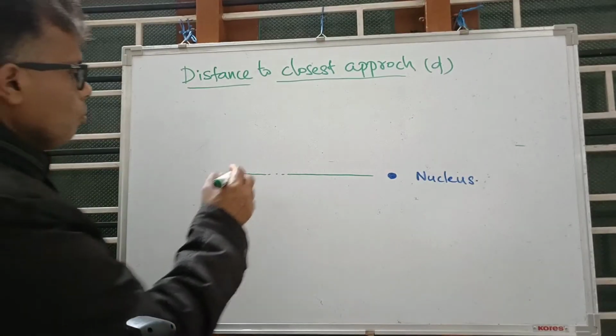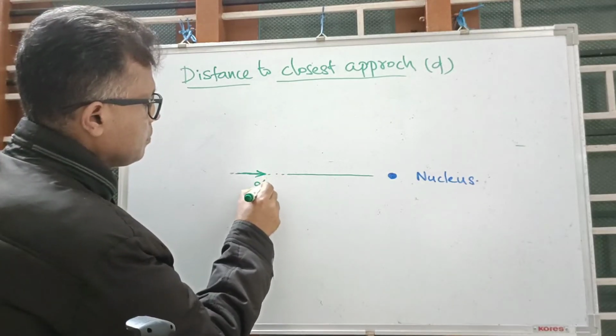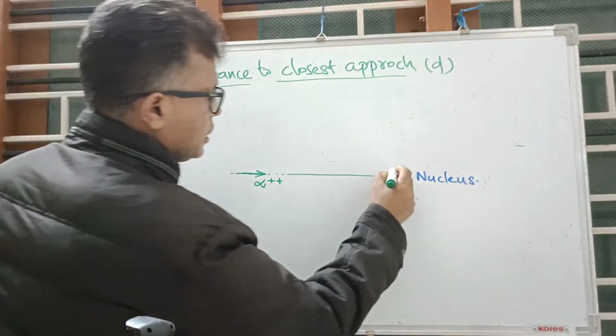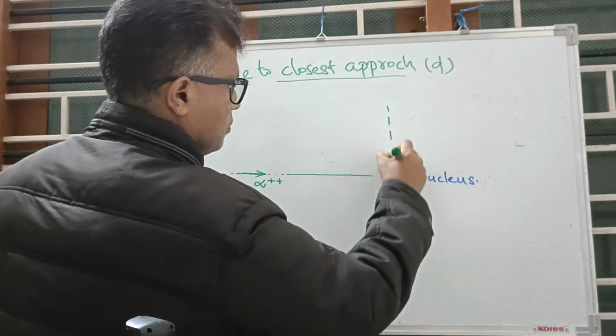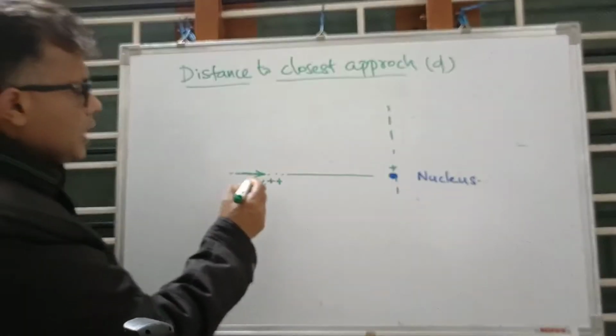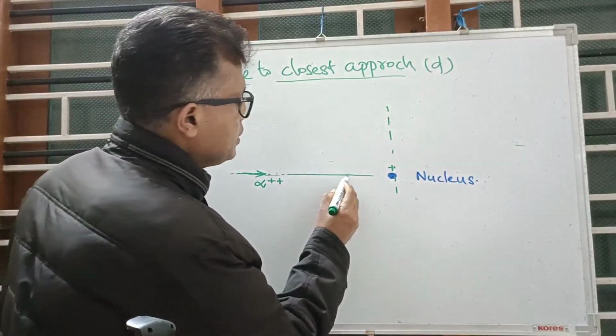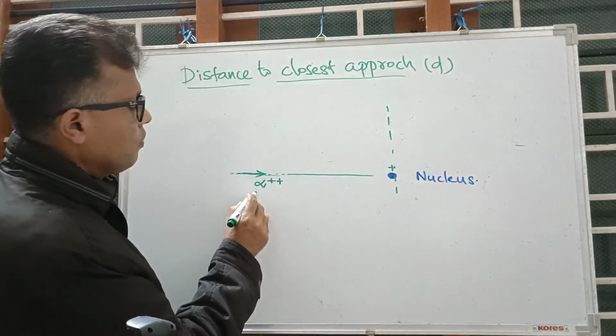Okay. So I'm just putting there alpha particle plus plus. This nucleus is also plus plus. Now this alpha particle is coming here, it is coming here, it is coming here.